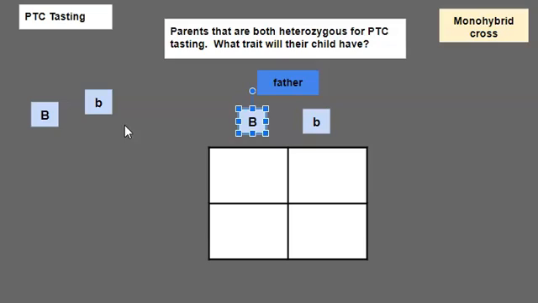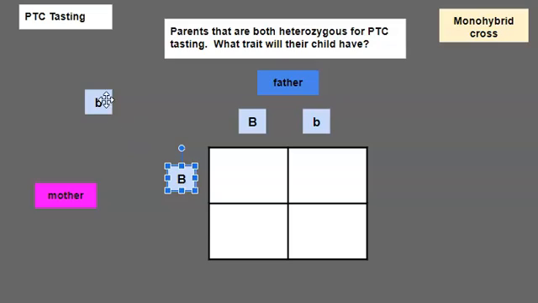And the mother is also heterozygous, so she has a big B and a possible egg cell, and a little b and a possible egg cell. We don't really know which is going to get passed on. So we have to create this Punnett square to show both possibilities for each parent.